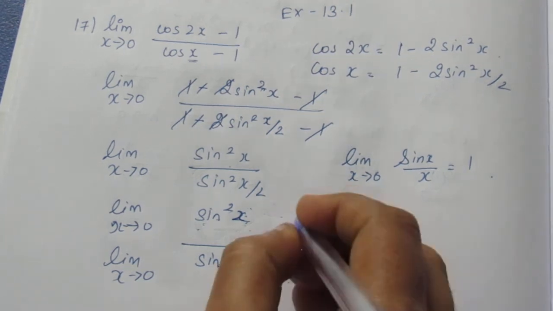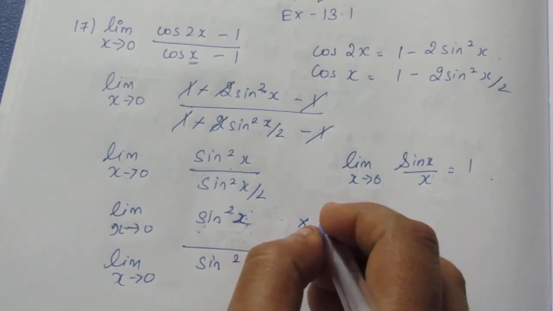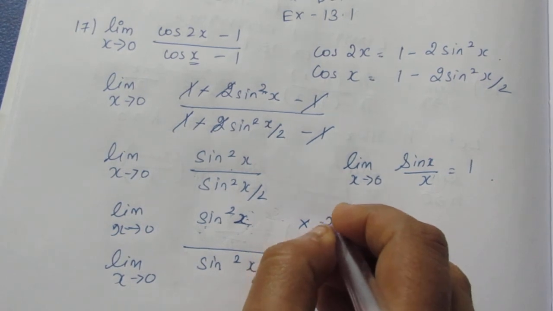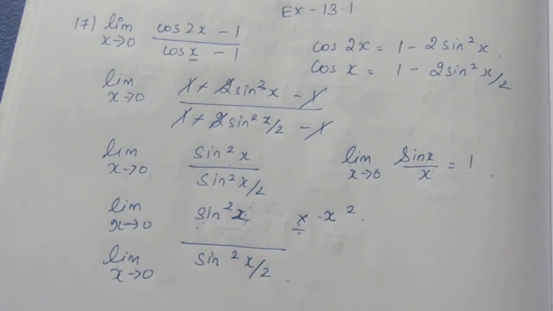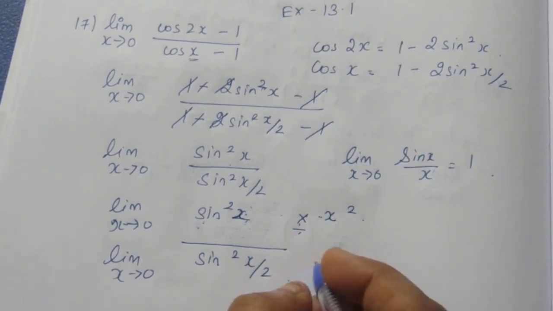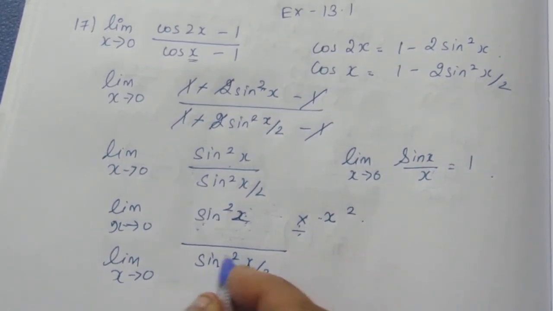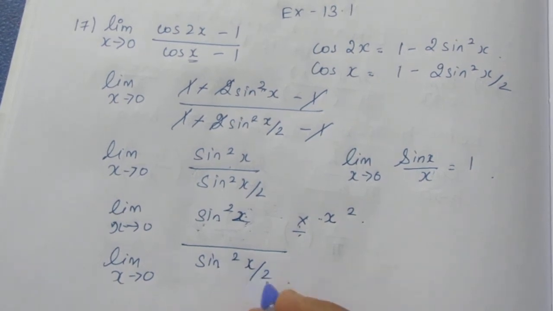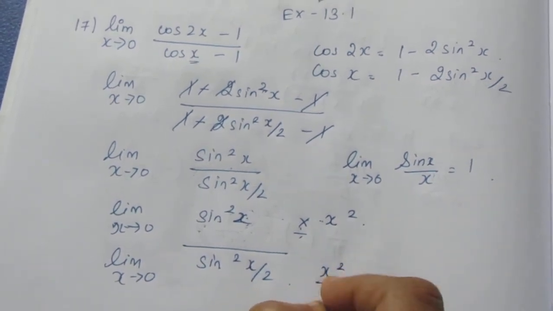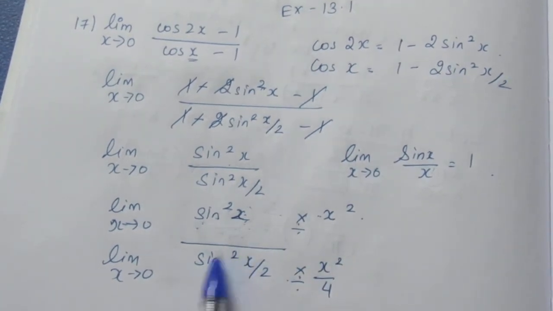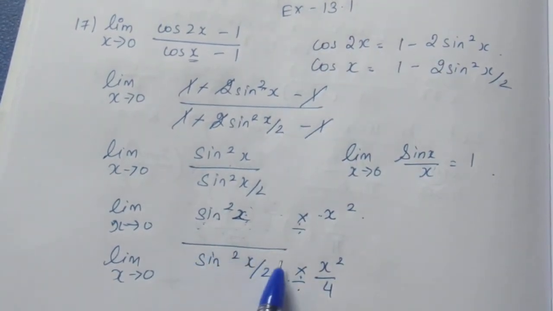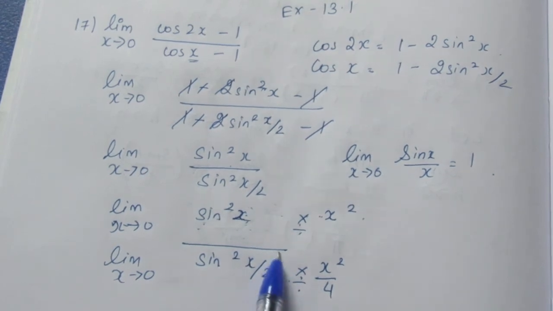So I am multiplying and dividing by x square on the numerator. The same way on the denominator, it is x by 2. As it is whole square, it is x square by 4. I need to multiply and divide. Remember that this can also be written as sine x by 2 the whole square.